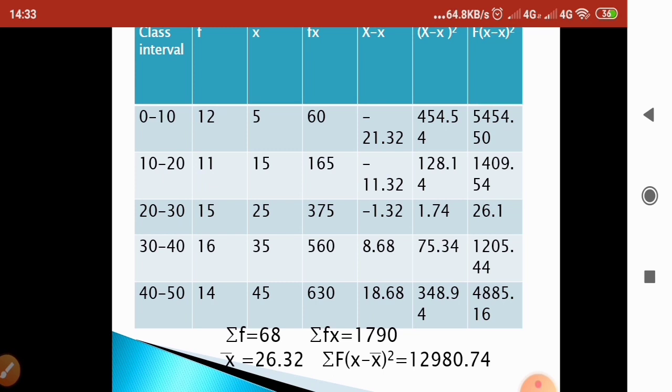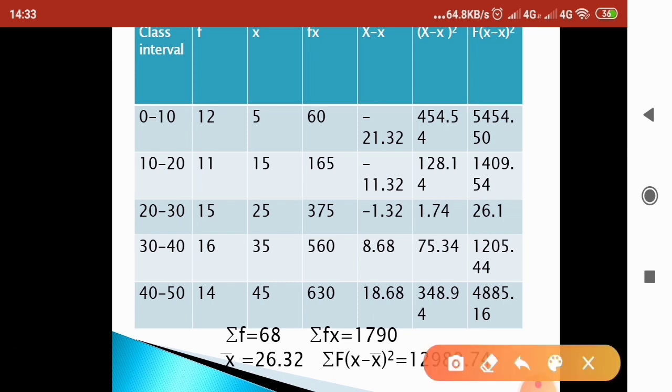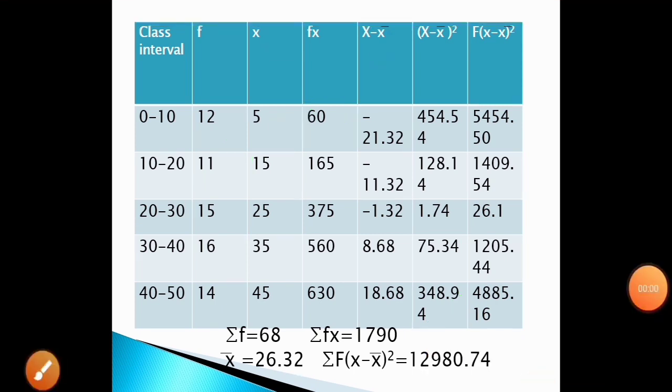See, in the fourth column, the 60 we got by multiplying 12 into 5. So 12 into 5 is 60. Similarly 11 into 15 is equal to 165, and all those values we have found out, and sigma fx we got as 1790. Similarly, the mean for this data set, x bar, is equal to 26.32.